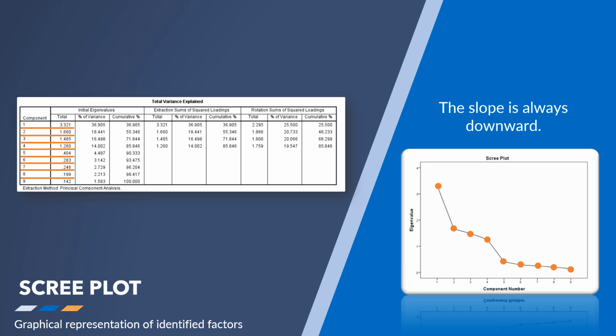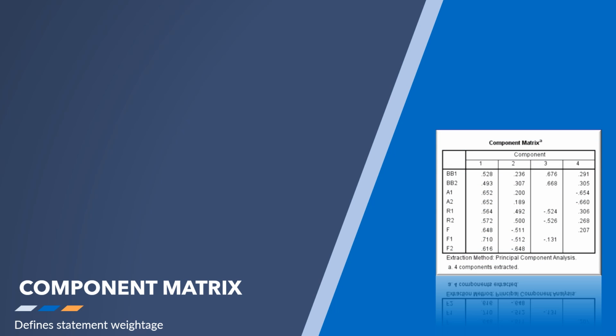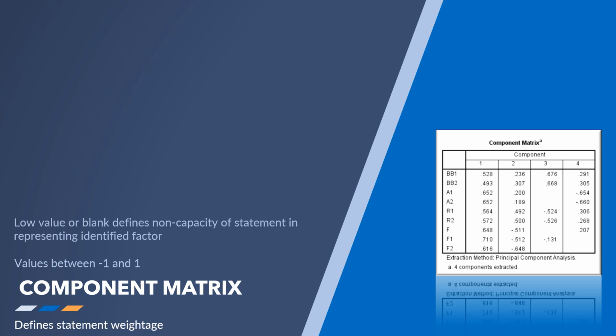The next table is the component matrix table, which shows the factor loadings of every statement in the dataset toward the identified components. The factor loading value is always between -1 and 1, and the higher the value, the better. A low value, a negative value, or an absent value means that the statement has no relation to that component. So it cannot be classified as a part of that component. For example, in our case, we had identified 4 components.